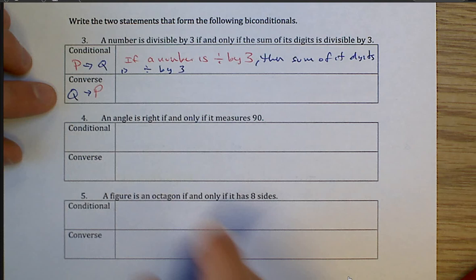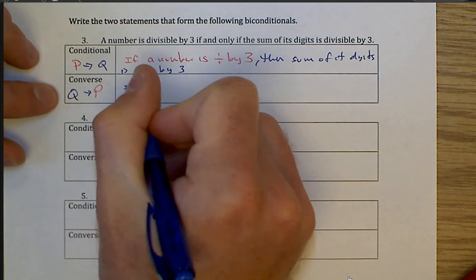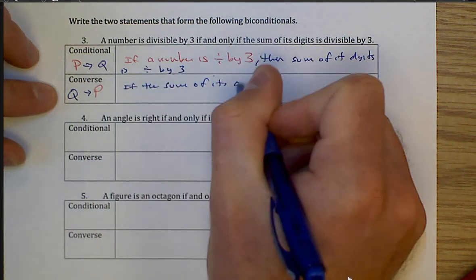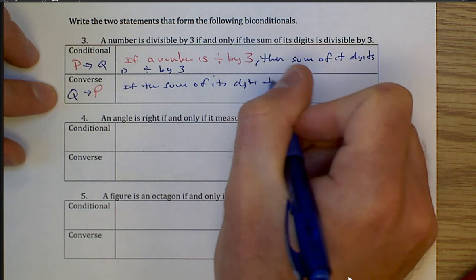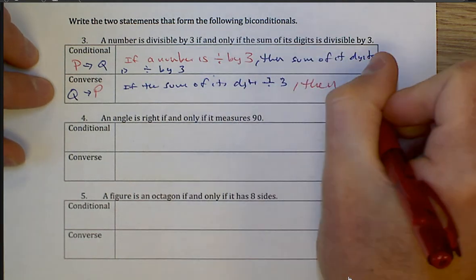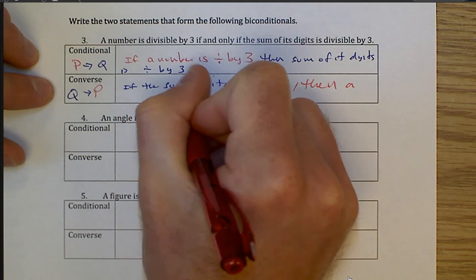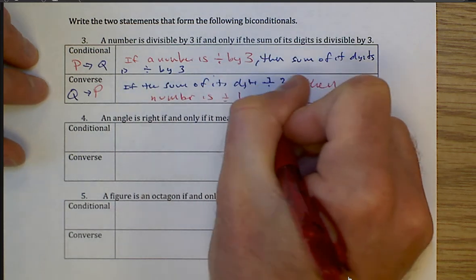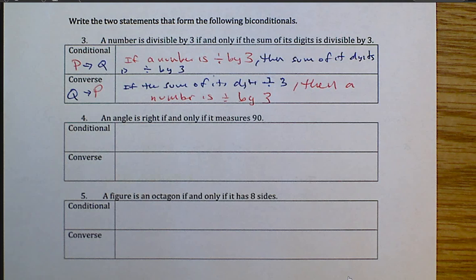The converse, if the sum of its digits is divisible by 3, then a number is divisible by 3. So you're just simply writing the conditional and converse that make up that biconditional, okay?